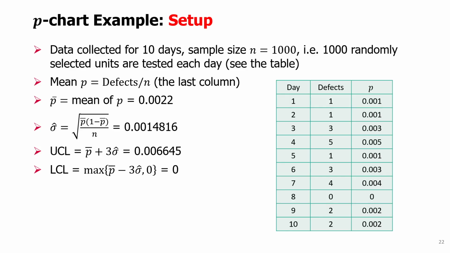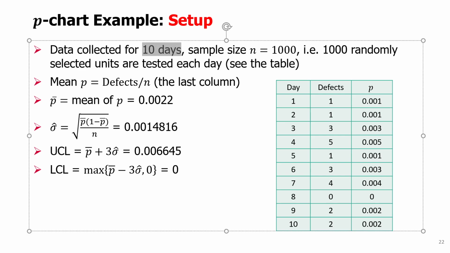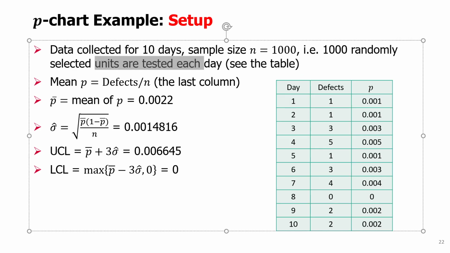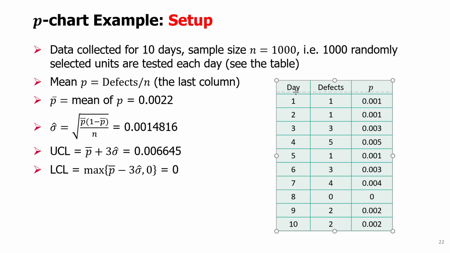So again, let's consider an example. Suppose we collected data for 10 days, an initial sample rather than 25, and the sample size was 1,000. So 1,000 randomly selected units are tested each day. Let's say this is for a large manufacturer. These are the values collected on the 10 days.